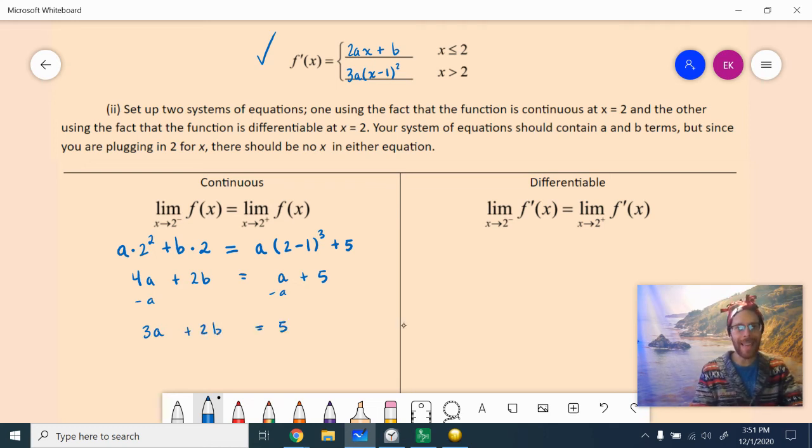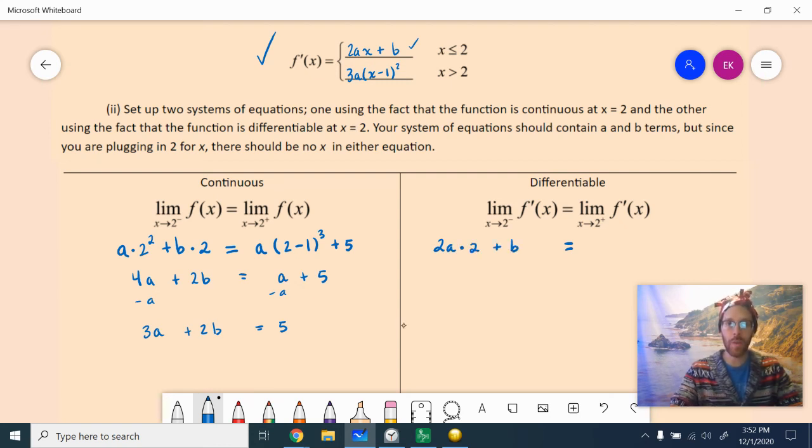But you're never going to get the answer simply out of this equation right here. You have to use the differentiability fact too, which says that the derivative, as you approach it from the left and the right, should be the same. So if I plug 2 into the left branch here, that would give us 2a times 2 plus b.